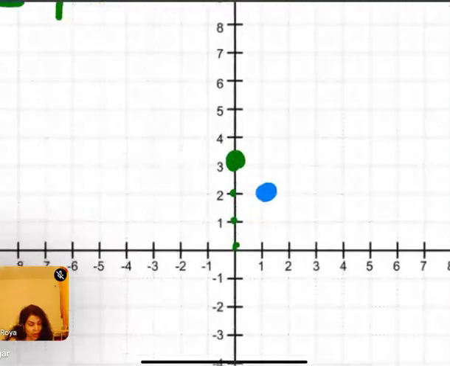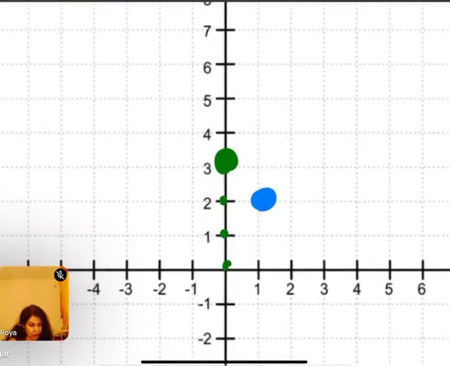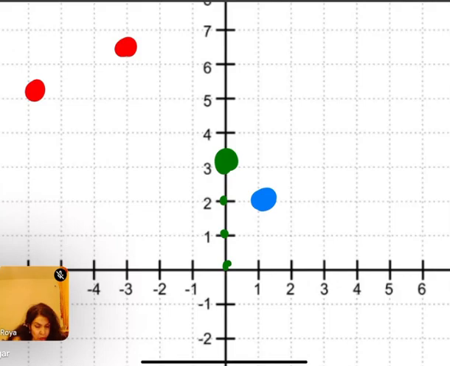We have 2 points, and we can draw a line passing through these 2 points. Anytime you have 2 points, you can pass a line through these 2 points, and only one line.